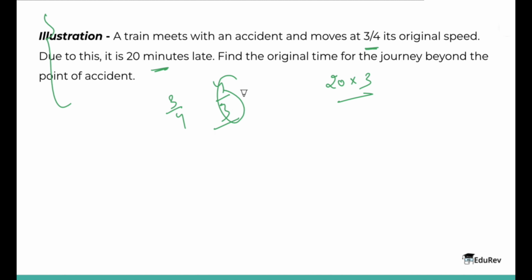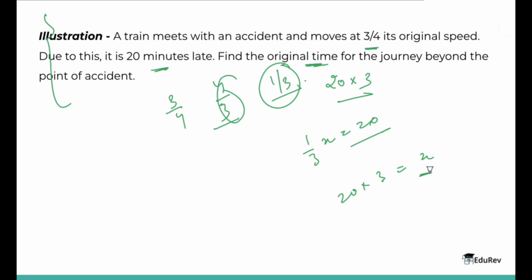If 4/3 is the time that is given, then the extra time is 1/3. So 1/3 of the original time is going to be 20. So 20 times 3 is going to give me the original time, that is x, and x is nothing but 60 minutes. It was easy.